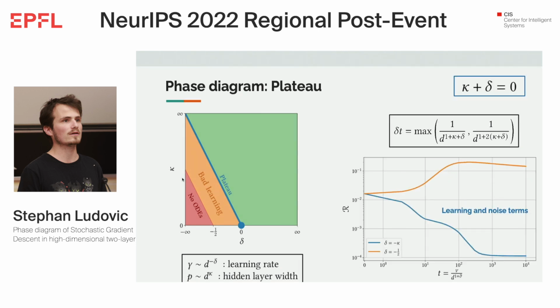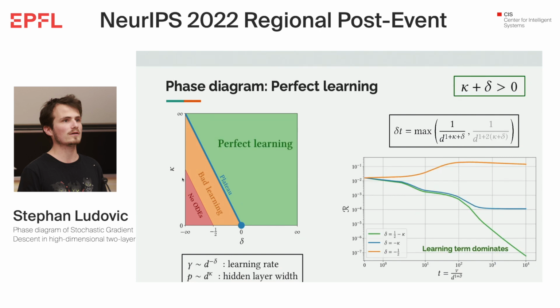Then, coming a bit after, I have the plateau phase, where I have some learning because of the presence of the learning term, but then the noise term will prevail, and there will be a plateau that I cannot get out of. And finally, if I either overparameterize enough or choose a sufficiently small learning rate, I have a setting where the learning term dominates, and which basically reduces to gradient flow approximations.